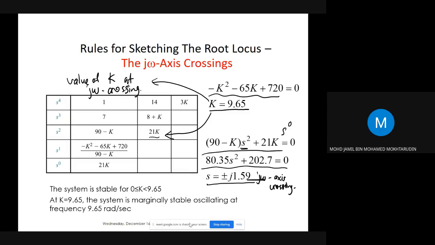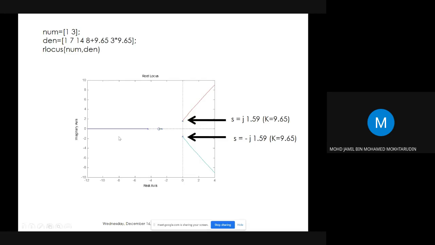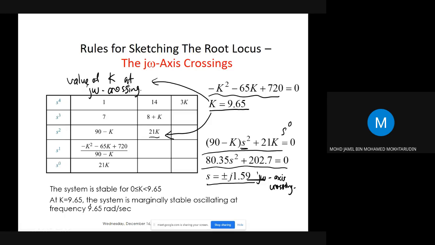So at k equals 9.65, the system is marginally stable and oscillating at frequency 1.59 radian per second. Okay, that was wrong earlier. Oscillating at S equals J omega equals plus minus 1.59 J. So the frequency is 1.59 radian per second. Okay, so this is the frequency.